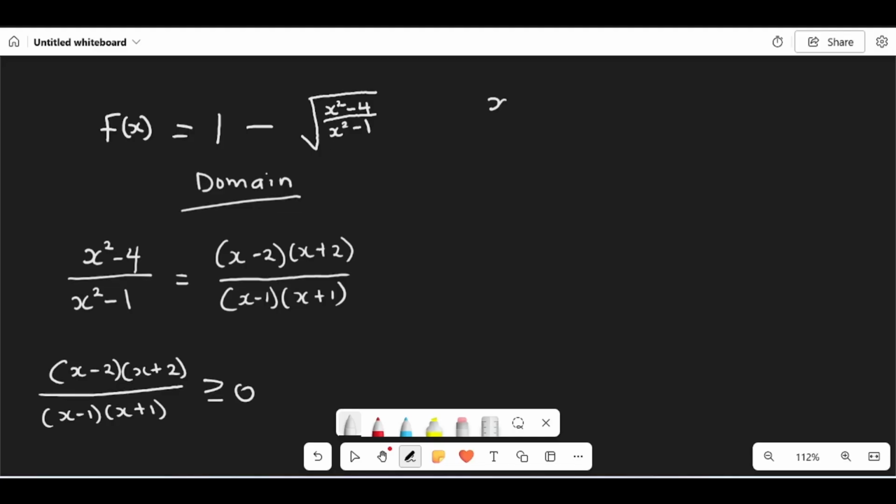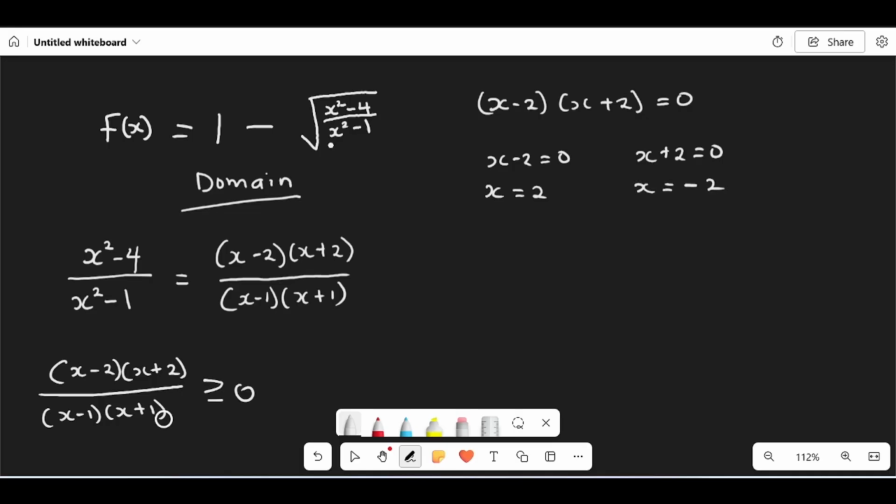That means (x minus 2)(x plus 2) equal to 0. x minus 2 equal to 0, x plus 2 equal to 0. That means x equal to 2, x equal to minus 2.